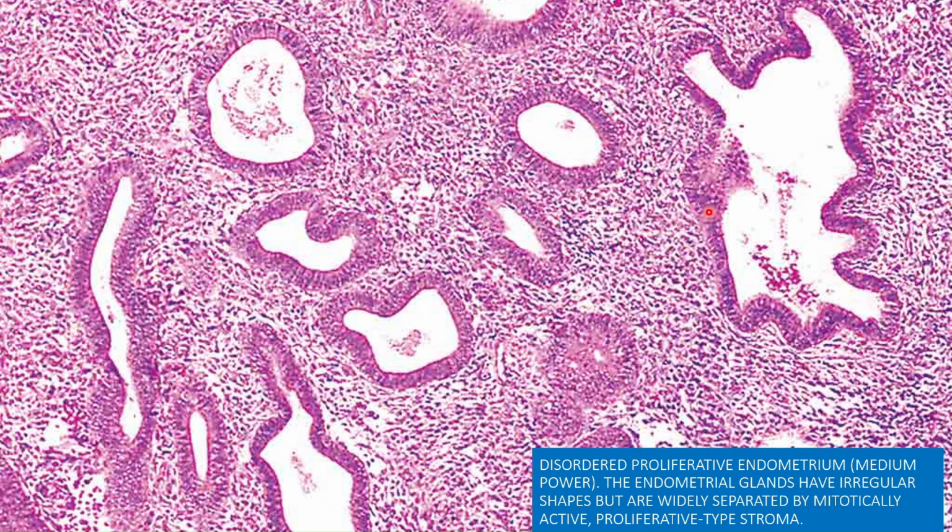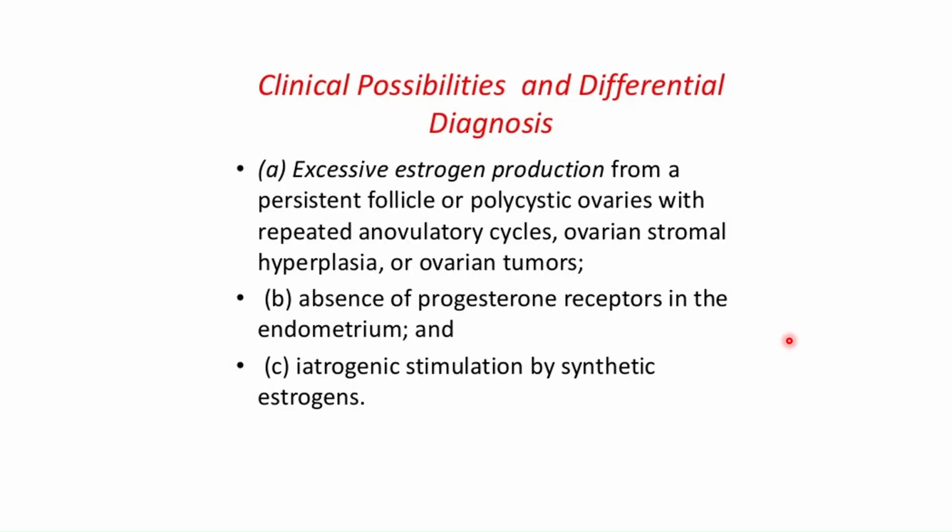They are large in size and cystically dilated. But the number of normal glands is more as compared to this cystically dilated gland, and the size of these glands is more than two times the size of the normal gland. So this is disordered proliferative endometrium.